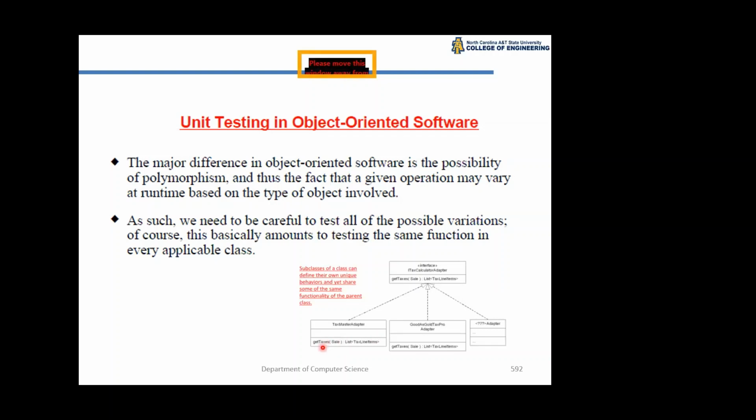You can see that getTax is a polymorphic operation, and this operation is different than this one, depending on what is used in the subclass. So we have to be careful to test all the possible variations, because they change the behavior at runtime. You have to be a little bit careful when you do the unit testing in the object-oriented software development process.